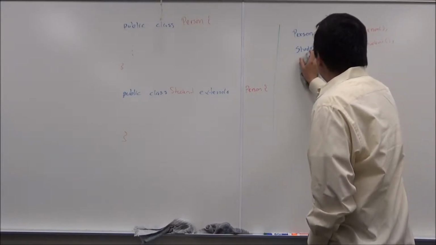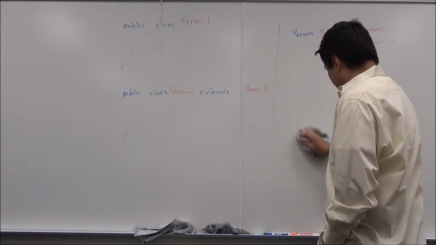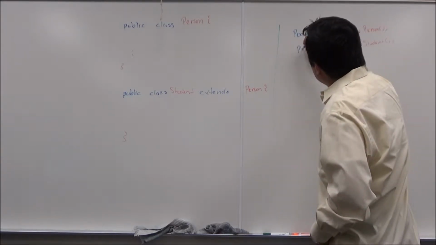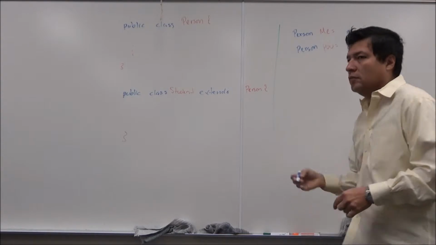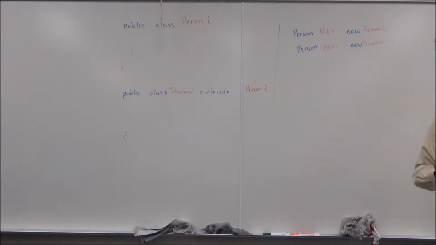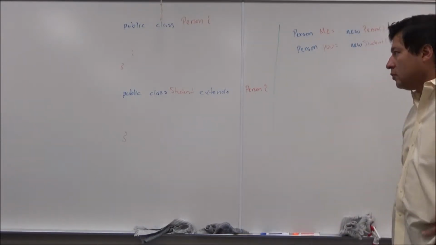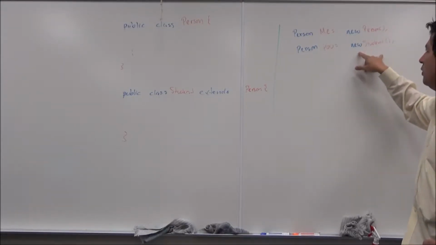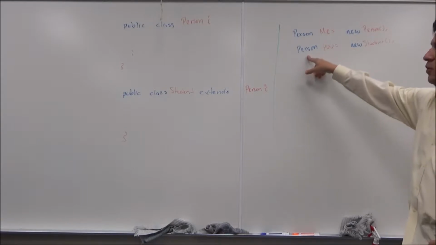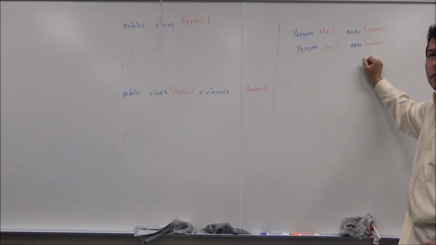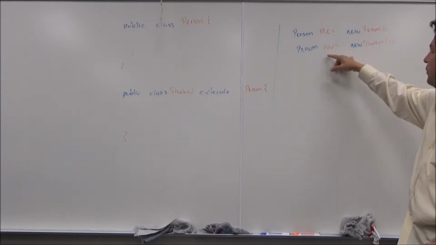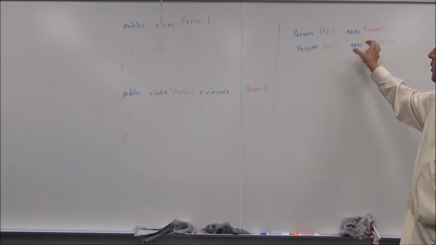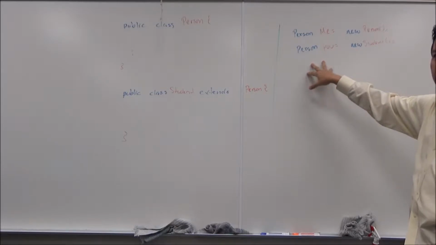So, we'll do this. Well, I created a new student, and that student is assigned to a person. Well, the student is the child, and the person is the parent, right?